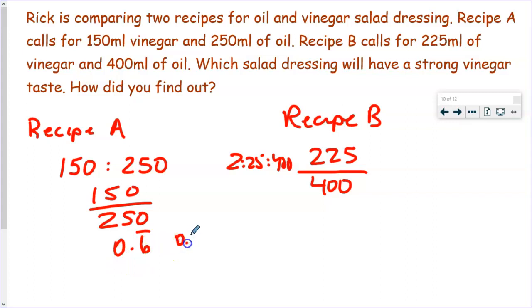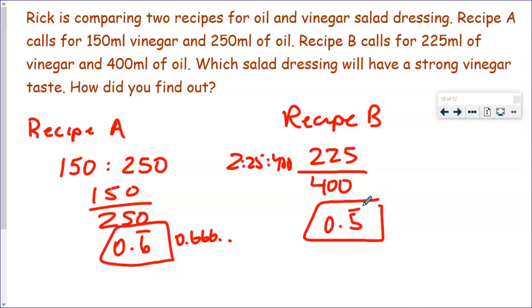Okay, so if you don't remember, that means it's 6 all the way to infinity. Okay, when I did 225 divided by 400 times 100 on my calculator, I got 0.5 repeated. Okay, so we're comparing 0.6 to 0.5. This is bigger, closer to 1. So this tells me that recipe A, in fact, is the one with a higher concentration of vinegar.